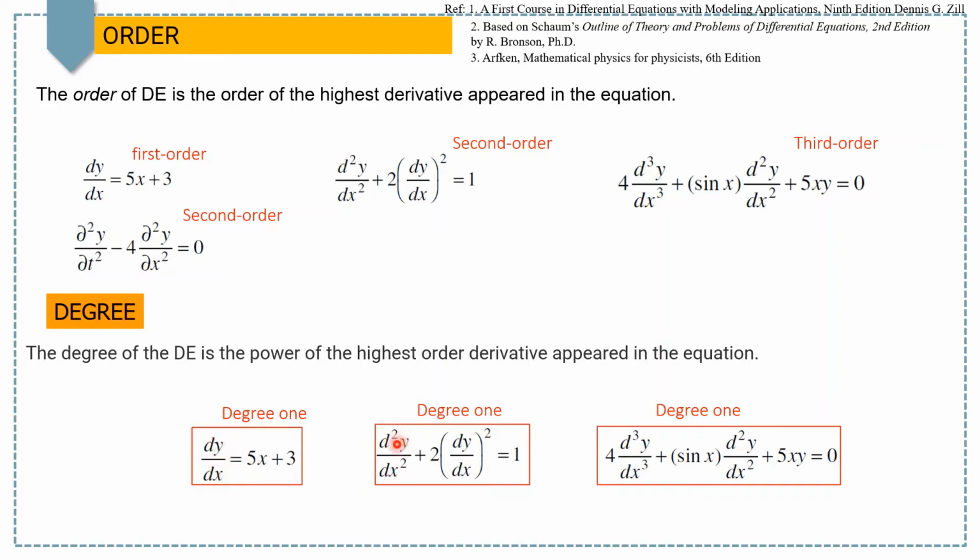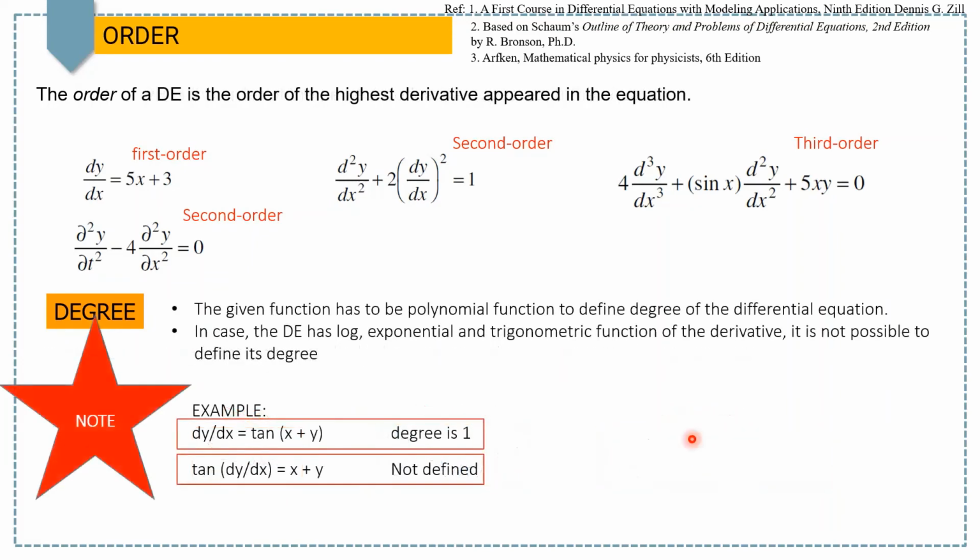And here is a second order differential equation where the power of this second order derivative of y with respect to x is 1, so the degree is 1. And similar is the case for this differential equation, where we have a third order derivative, but its power is 1, so the degree is 1.